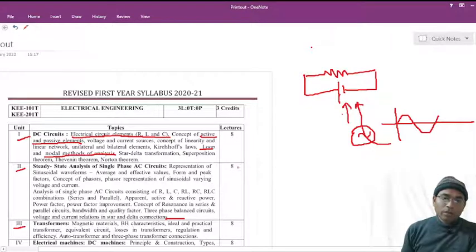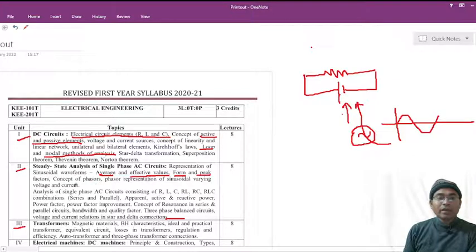In this second unit, first of all we will learn the generation of single phase AC, then the terminology related to single phase AC. The terminology covers the average value of alternating current, the effective or RMS value of the alternating current, the form factor and peak factor connected with the alternating waveform, and then what a phasor and phasor diagram are.